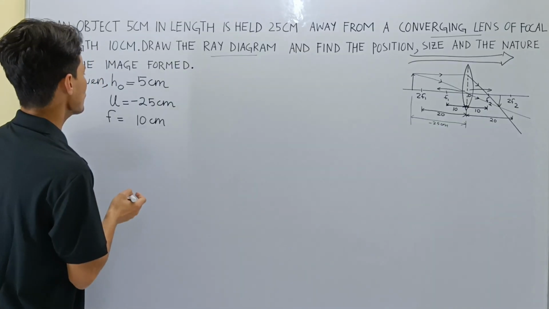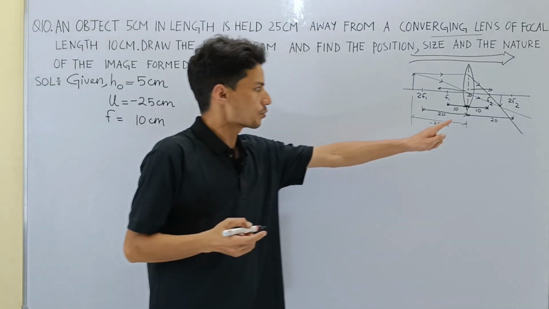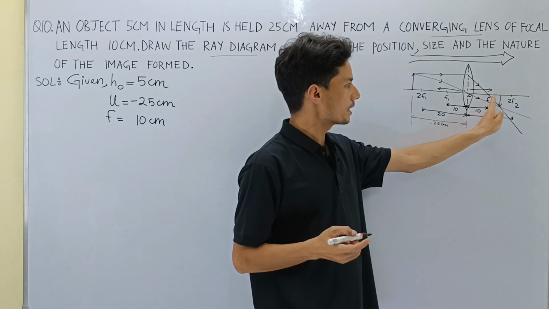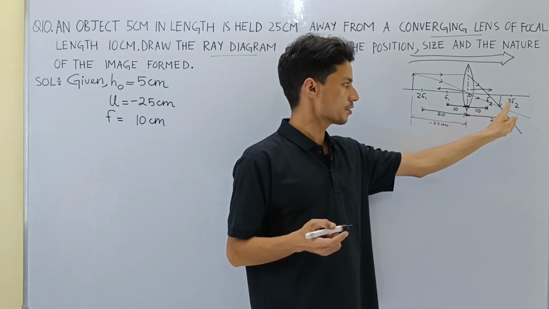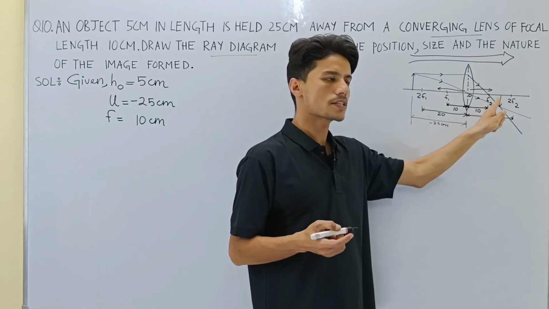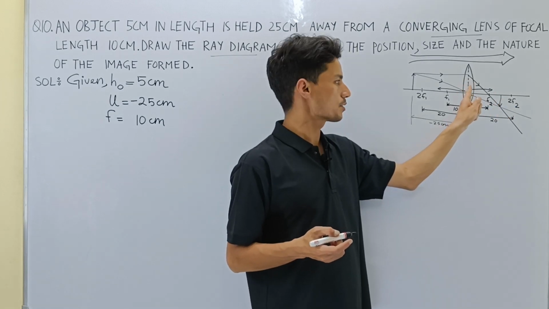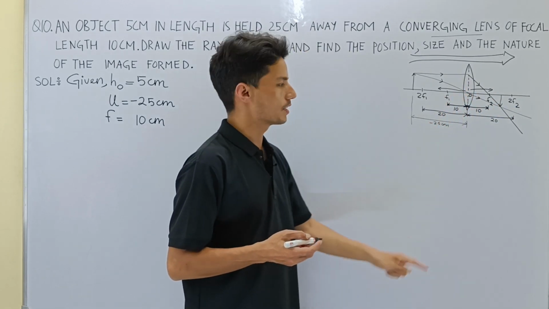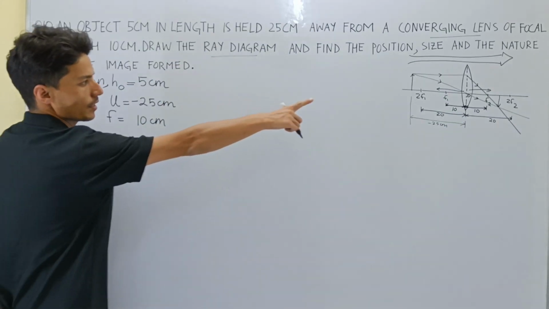Yes. So which focus should we be taking? We will be taking this focus, the focus from the image side. Remember, focus from the image side is always taken for lenses, whether it is convex lens or concave lens. So we will be taking f2.